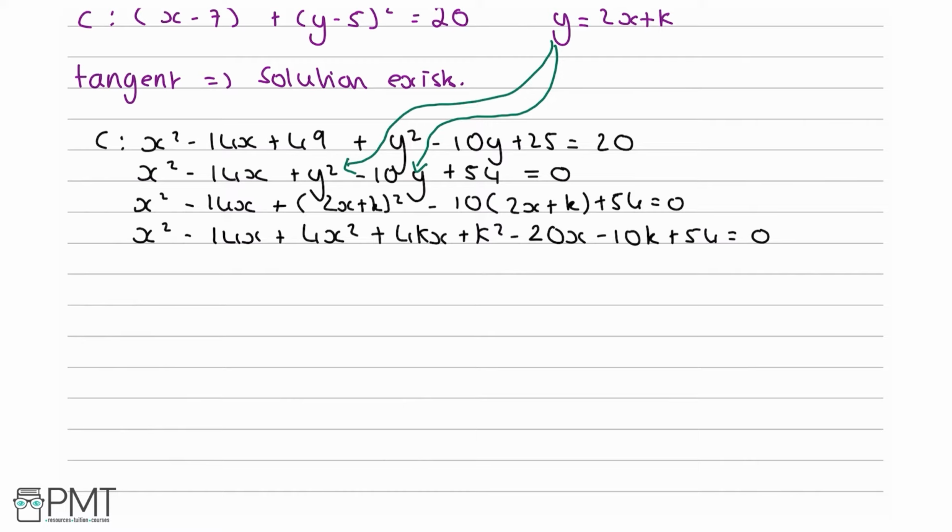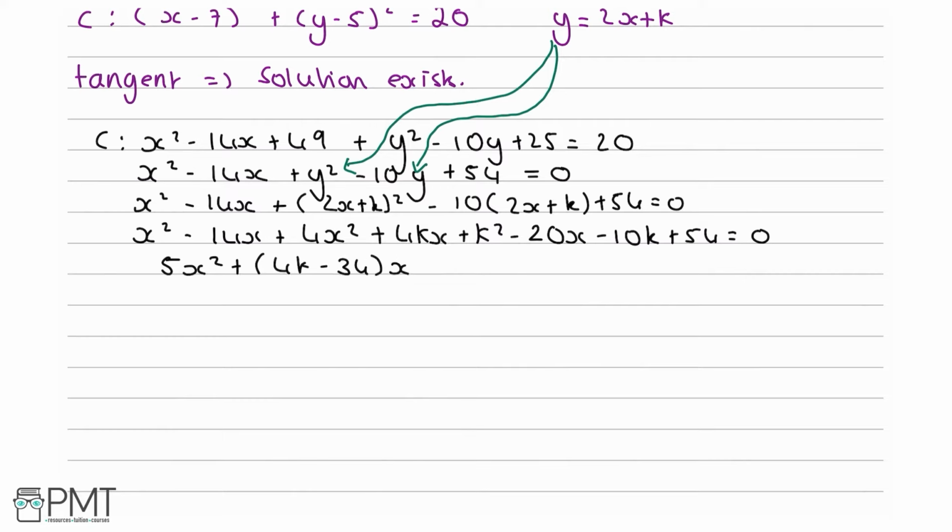Okay, so now I'm going to combine terms and take out factors just to make it easier and simpler. So x squared and 4x squared becomes 5x squared. We then have minus 14x minus 20x plus 4kx, which is going to be (4k minus 34)x.